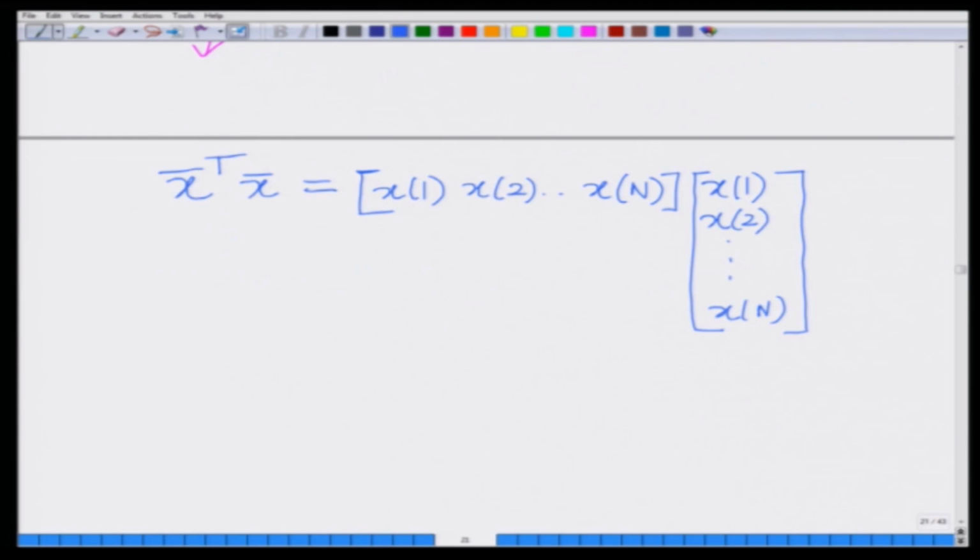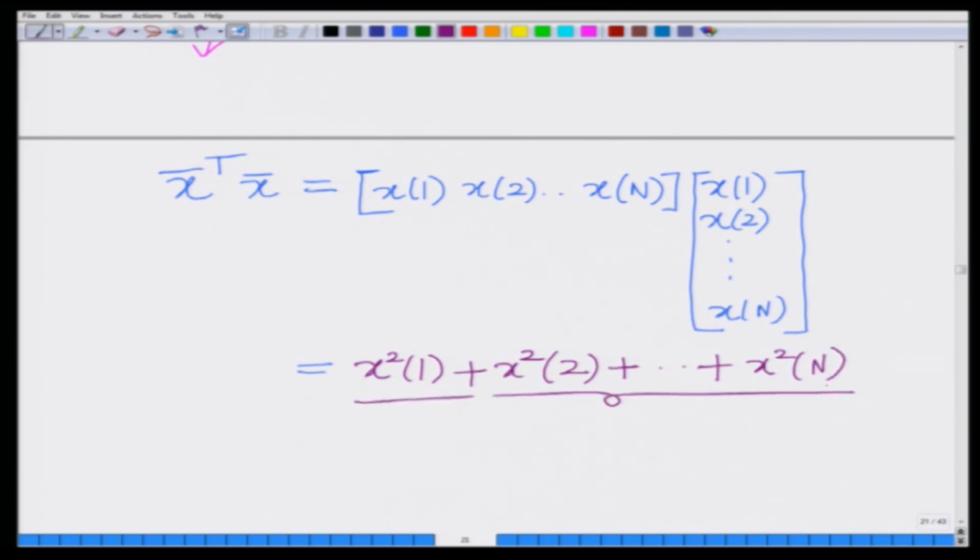This is basically x1 square plus x2 square plus so on up to xn square, and this quantity is nothing but the norm of the vector, norm x bar square, where x bar is your pilot vector.